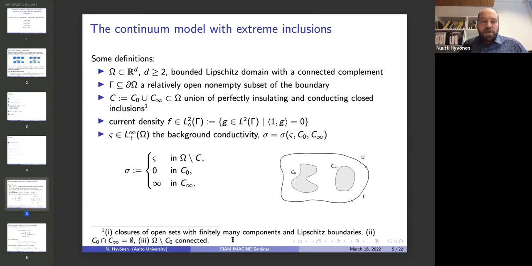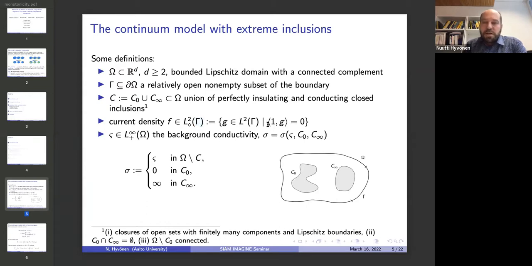So straightforwardly, I don't know how to get rid of those, but in an intuitive sense, those shouldn't be any restrictions either. Okay, but anyway, C naught is the insulating inclusion, C infinity is the perfectly conducting inclusion. Then I use a zero mean boundary density on the boundary portion gamma.